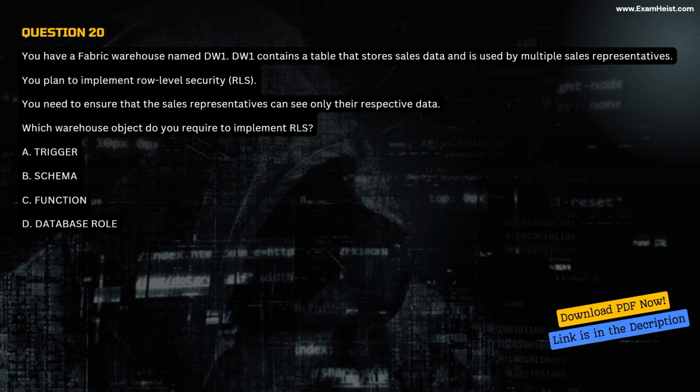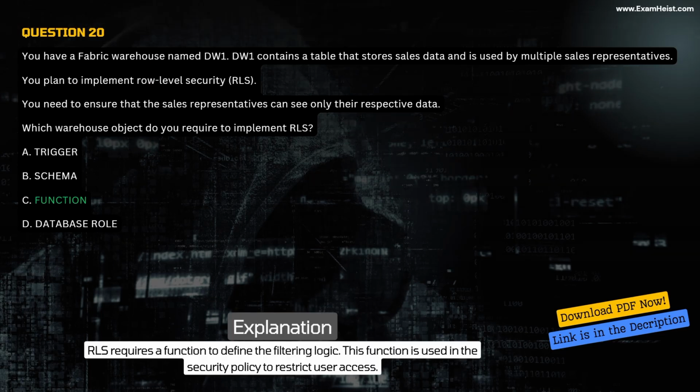A. Trigger. B. Schema. C. Function. D. Database role. Correct answer C. Function. Explanation. RLS requires a function to define the filtering logic. This function is used in the security policy to restrict user access.